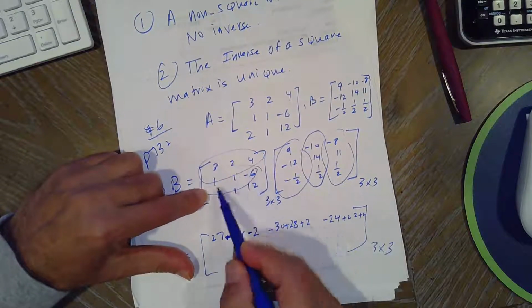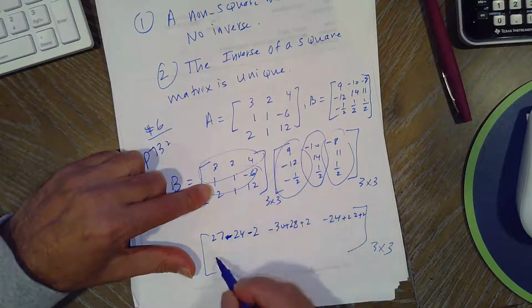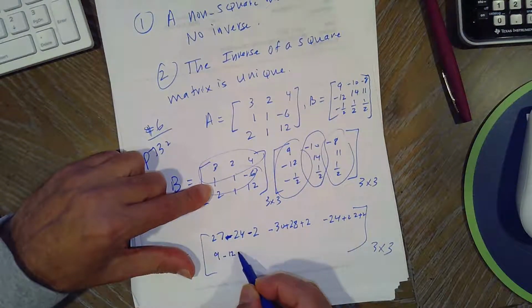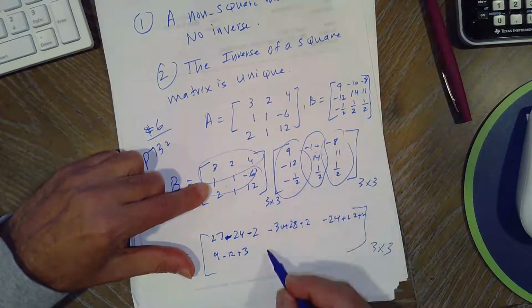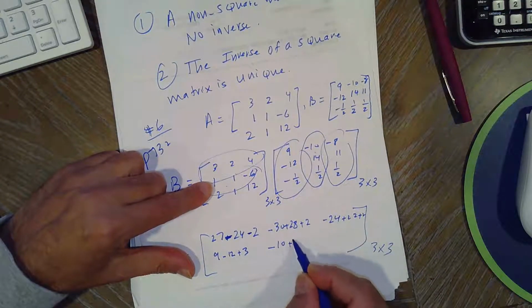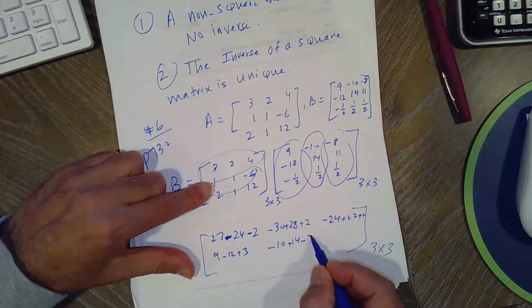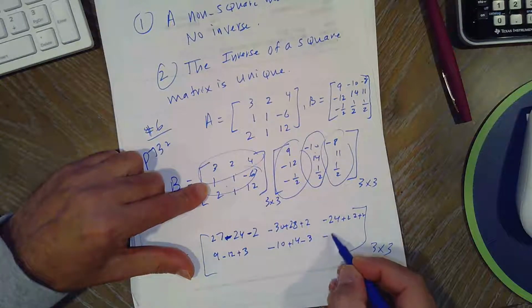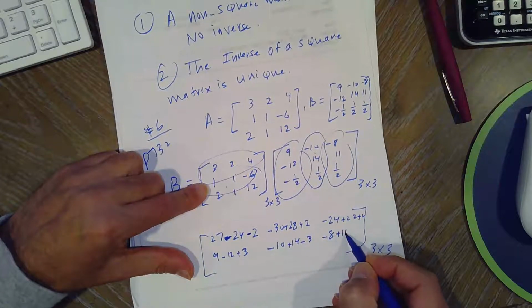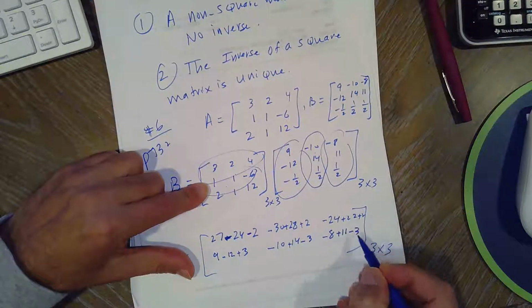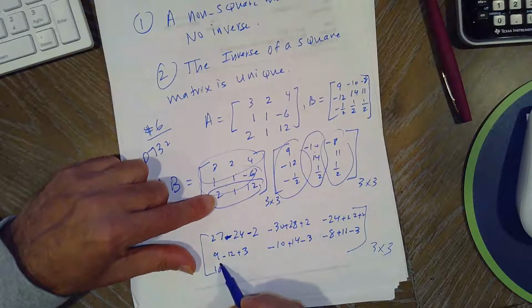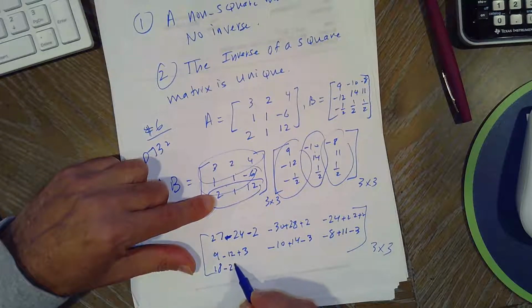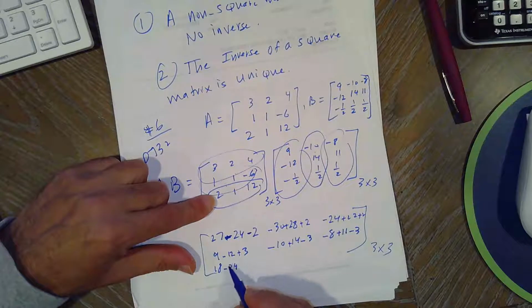And then we'll do the second row with all the columns. 1 times 9 is 9, minus 12 plus 3. Again, second row, second column, negative 10 plus 14 minus 3. And then negative 8 plus 11 minus 3. And then third row with all the columns. 2 times 9 is 18. 2 times negative 12 is negative 24. I'm sorry, 1 times negative 12 is negative 12.